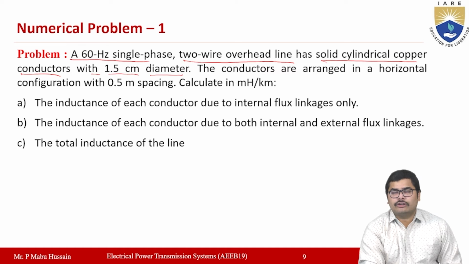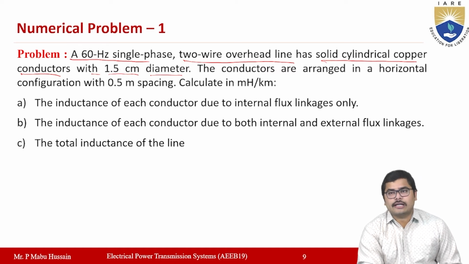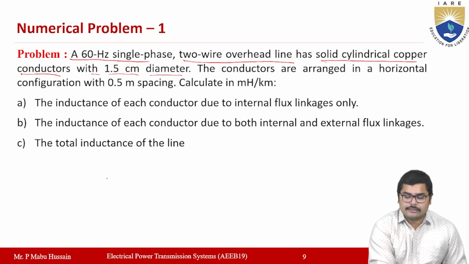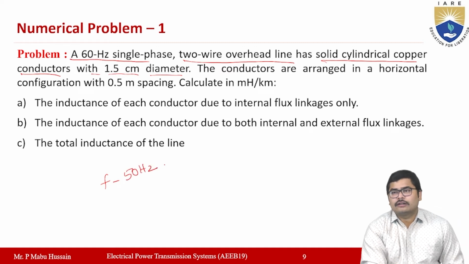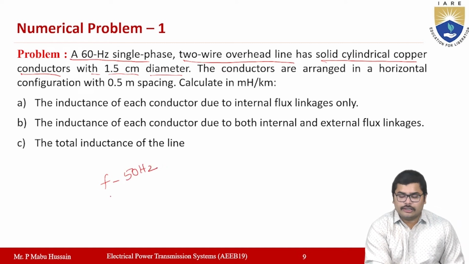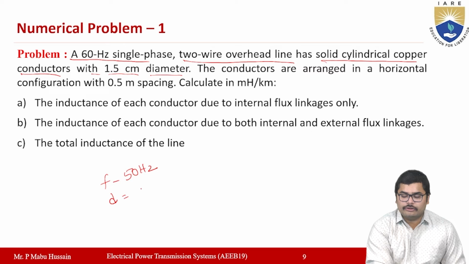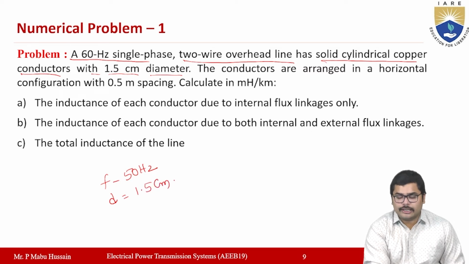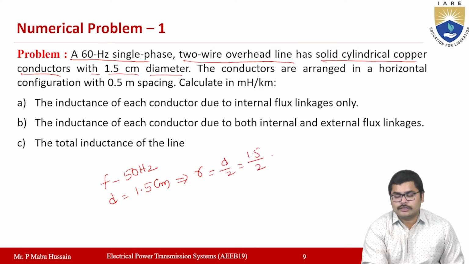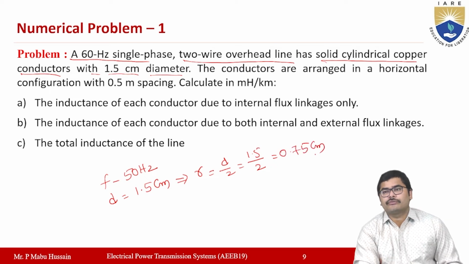So here you have a 2-wire single phase transmission line, and the frequency is given as 50 Hz, and the diameter of the conductors is given as 1.5 centimeter. Once you know the diameter, you can calculate the radius. The radius is diameter by 2, which is 1.5 by 2, which is 0.75 centimeters.